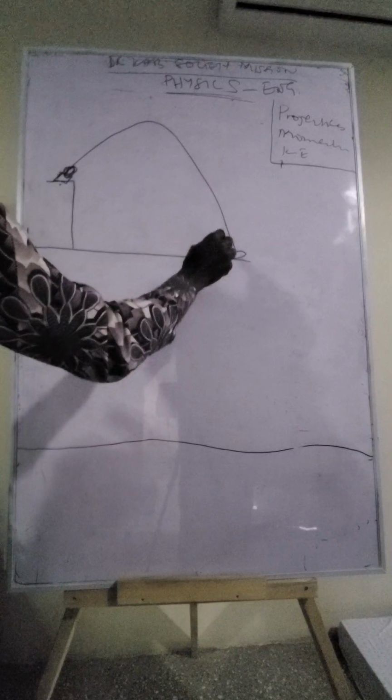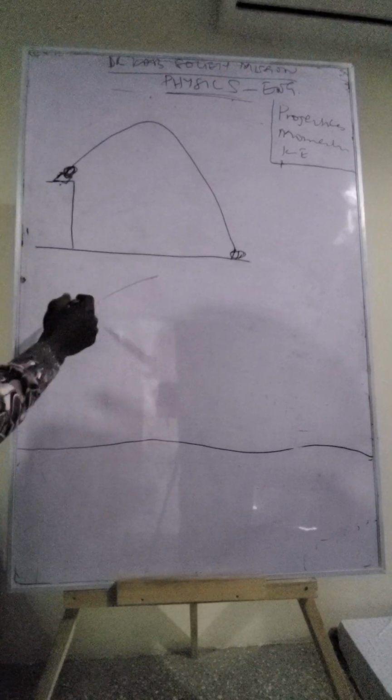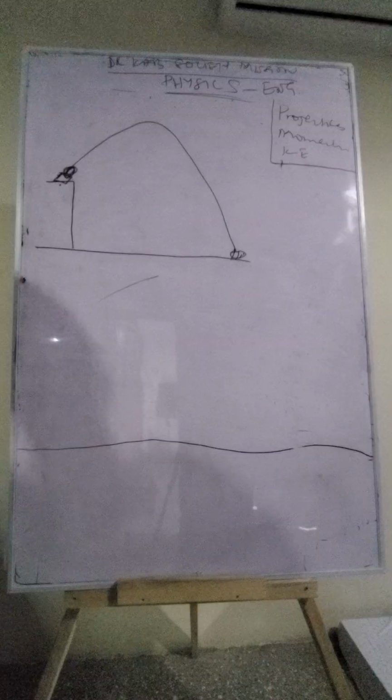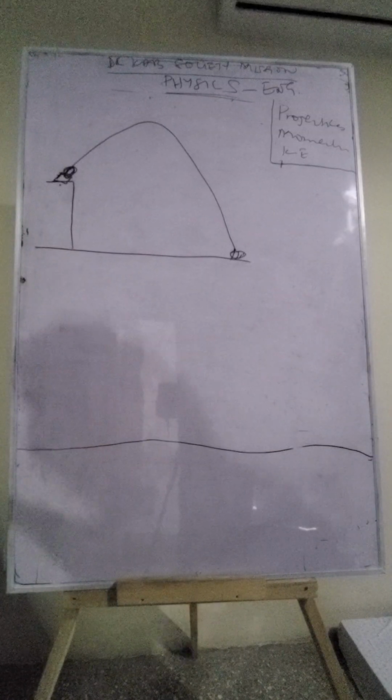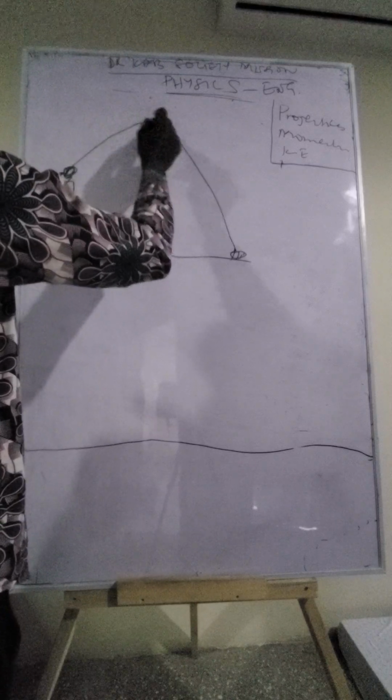Now let's say this is a cannon, and a bullet is to be shot. This is shot into the air. It goes like that and falls to the ground. So this is the projectile. It makes a parabola kind of path.